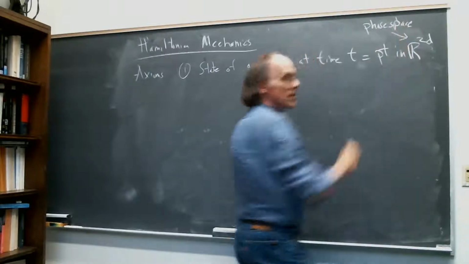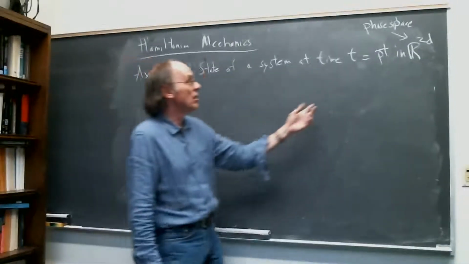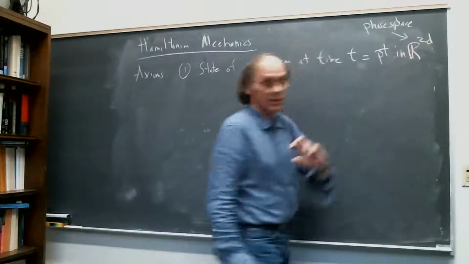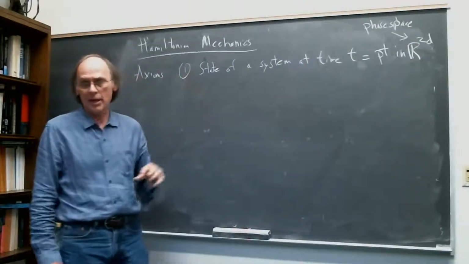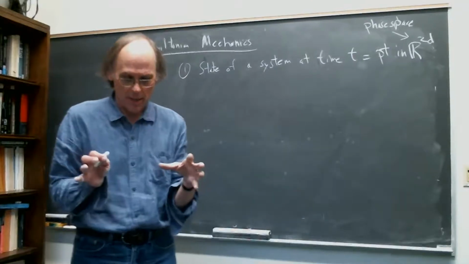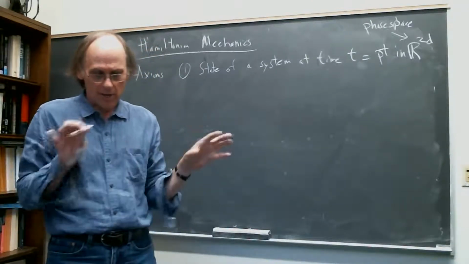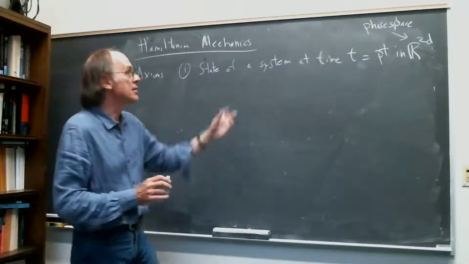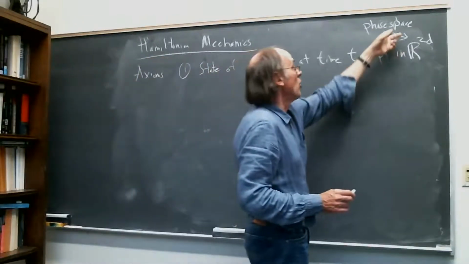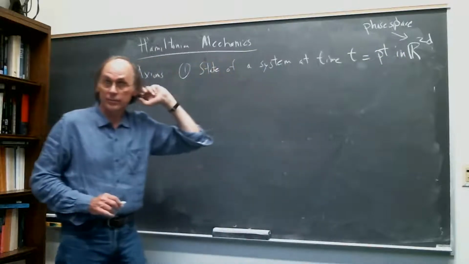When I say phase space, I mean an even dimensional real vector space. Hamiltonian mechanics says the way to characterize the state of a classical physical system at a fixed time is by points in this phase space.